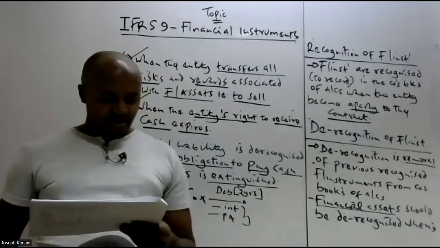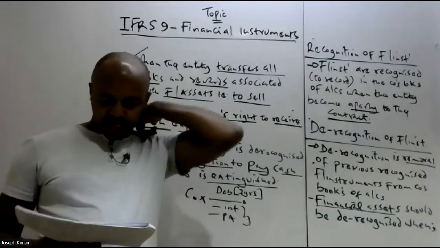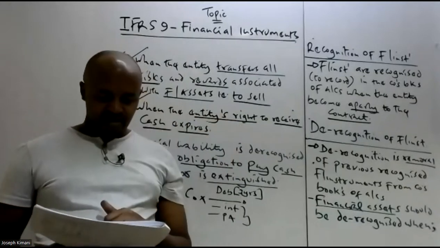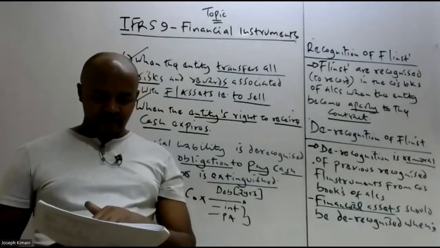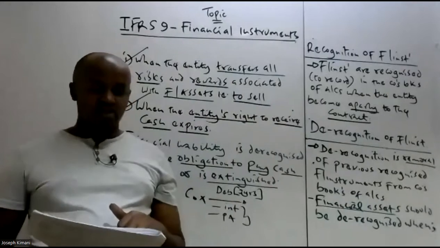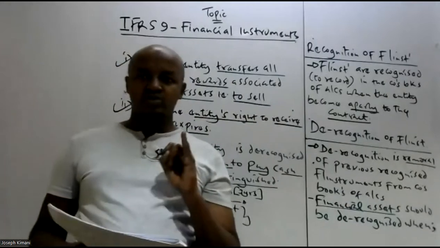So we are required, with reference to the principles of IFRS 9, to describe the criteria for the derecognition of a financial asset and financial liability of an entity. The question was for 6 marks.